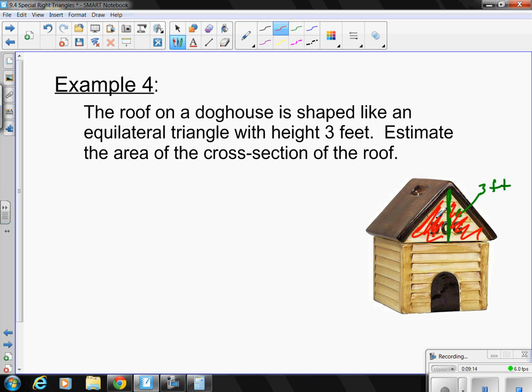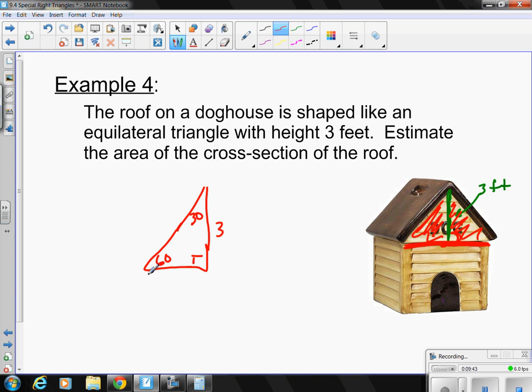So in order to find the area of this triangle, we need to find this side length. So if this is an equilateral triangle and we split it in half, we're going to end up with a 30-60-90 right triangle, and we know this is 3.